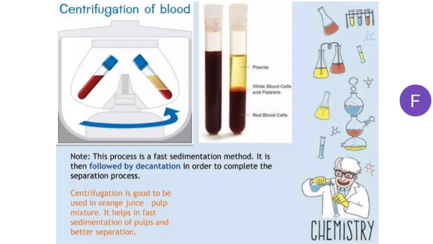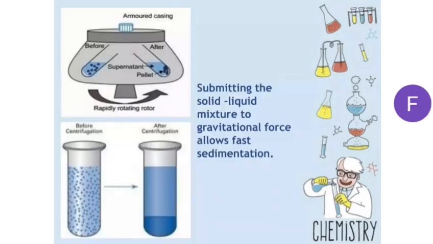We prefer to use centrifugation to separate orange juice and pulps. Submitting the solid liquid mixture to a gravitational force allows fast sedimentation. I repeat, sedimentation is also followed by decantation.